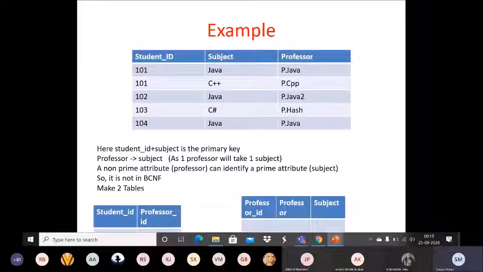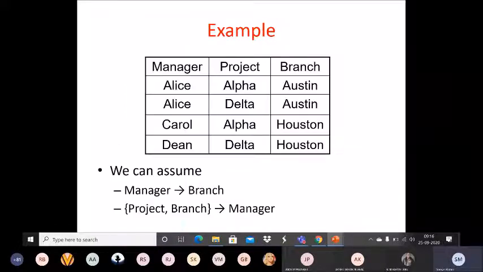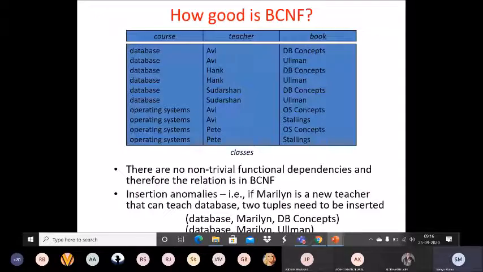What have we done? Here we have incorporated another attribute, right? Then the tables will be in BCNF. But if we don't want to put another attribute, then BCNF is not good.